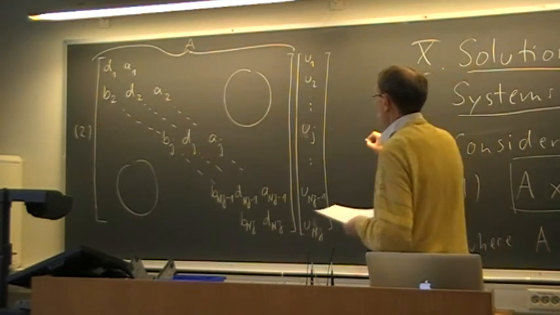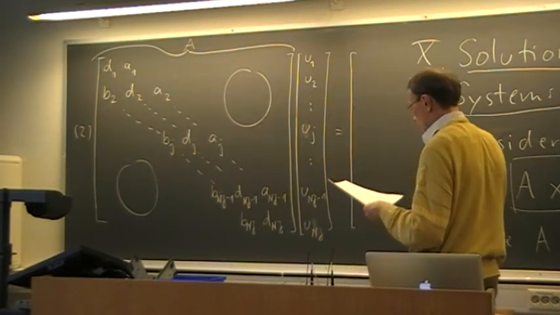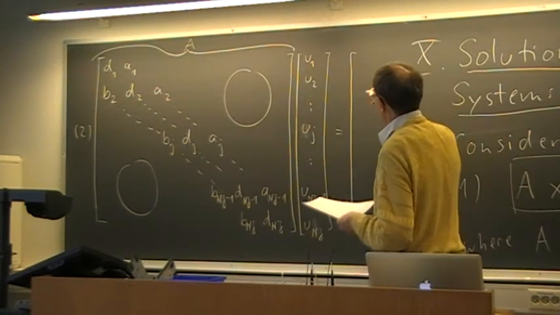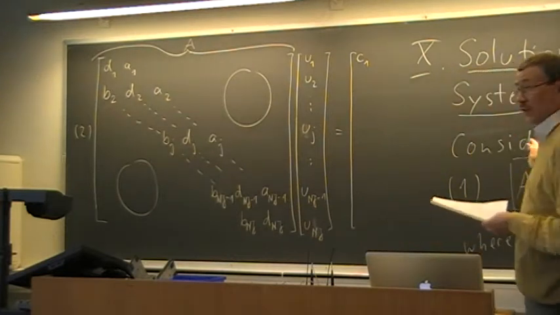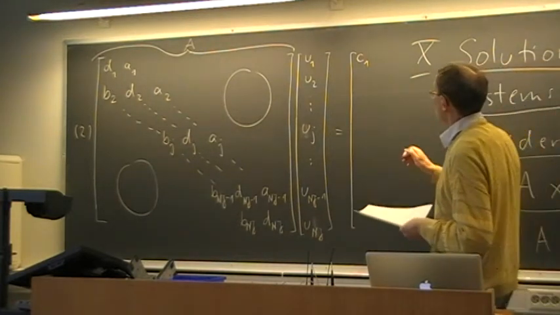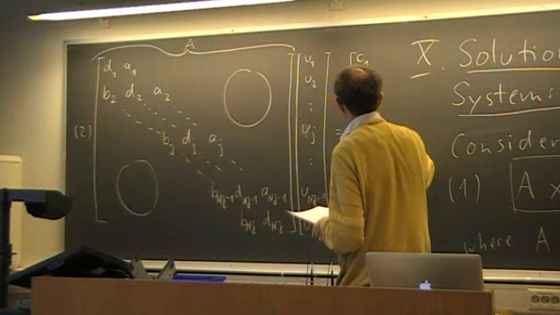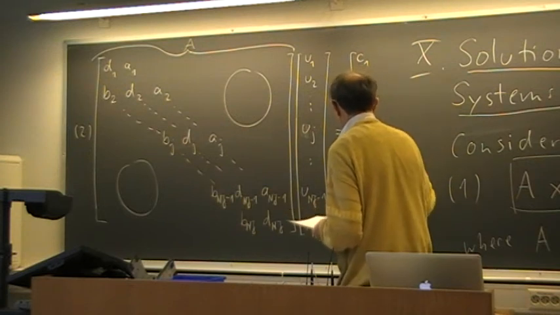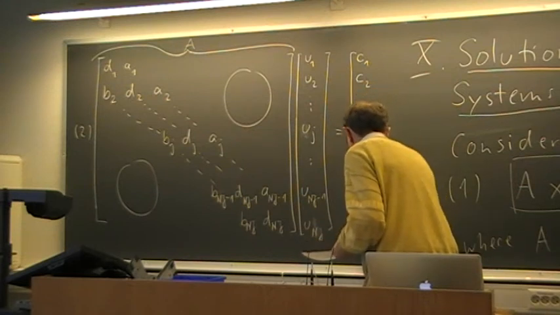And on the right-hand side, we have then our given vector. And again, here the notation is different from what we started off with. The notation is from the book. There they used the C for the right-hand side. So then we would have up to C(nj-1) and C nj.